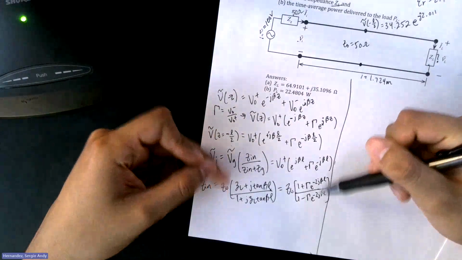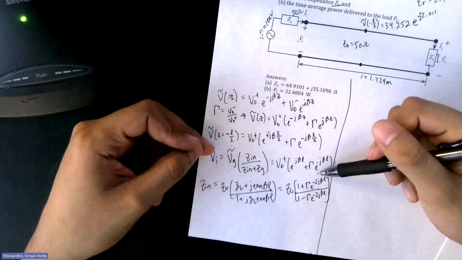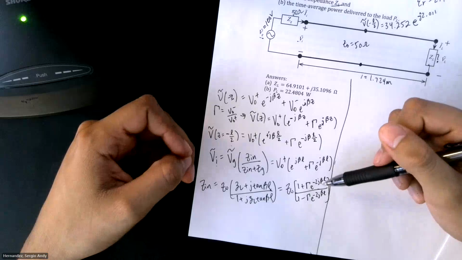So now, with all these equations, is there a combination where you can get two equations with only two unknowns?